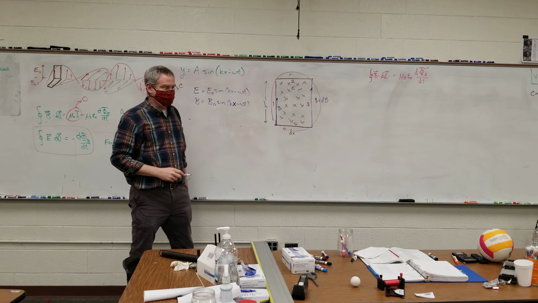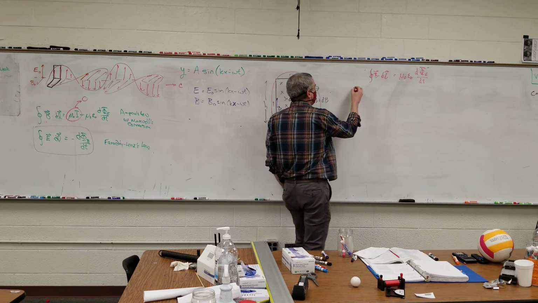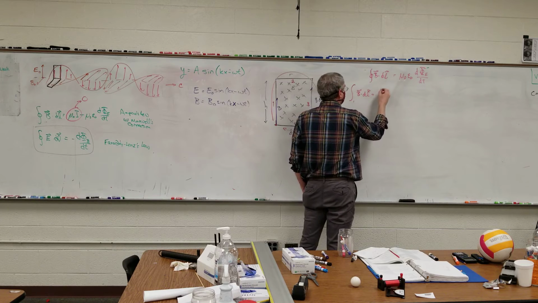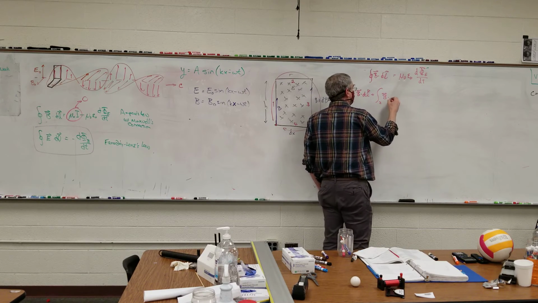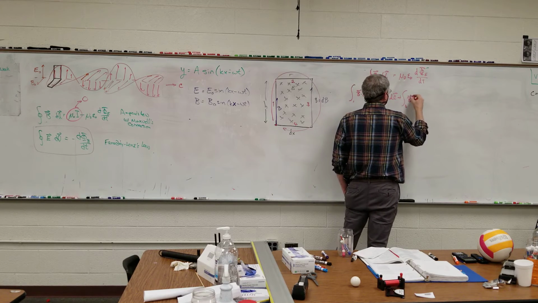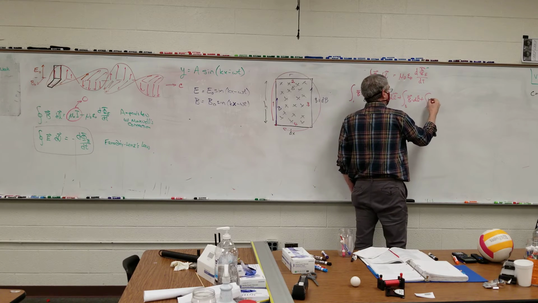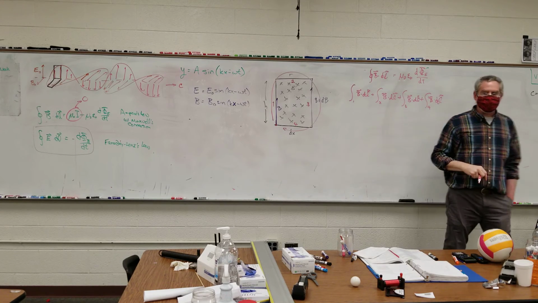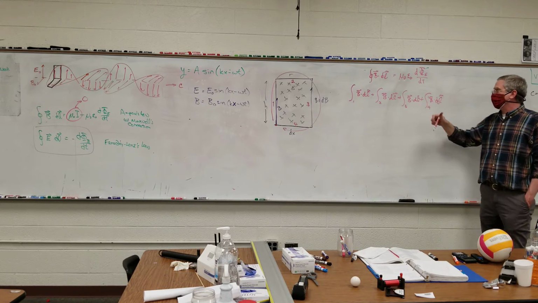As I go clockwise around this loop, I have the integral along 1 of B dot dl, plus the integral along 2 of B dot dl, plus the integral along 3 of B dot dl, plus the integral along 4 of B dot dl. It's basically my line integral along each segment of the path.